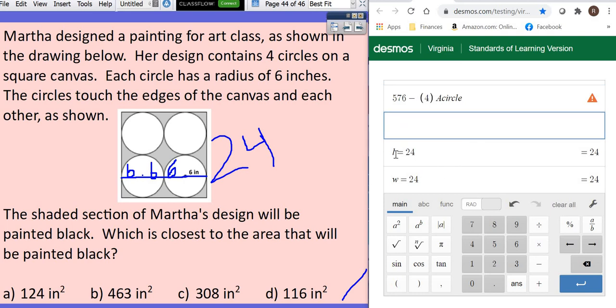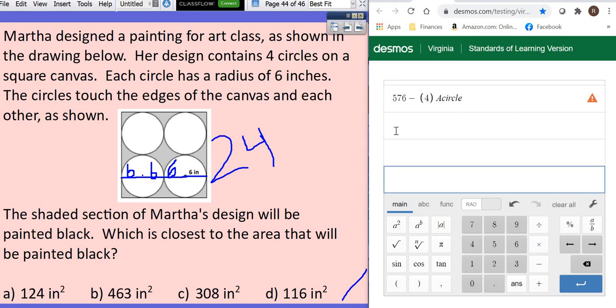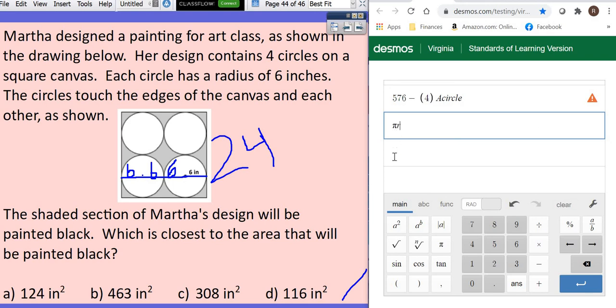Now I need my area of a circle. These are full circles, so I need the entire formula. So I'm going to put in pi r squared. And we were told what the radius was this time. We were told the radius was 6. So that means each circle has an area of 113.1.